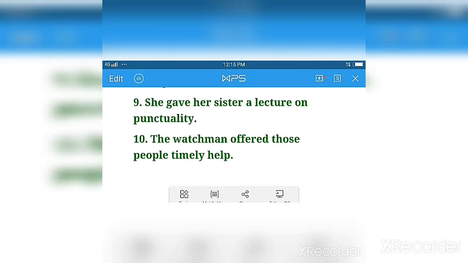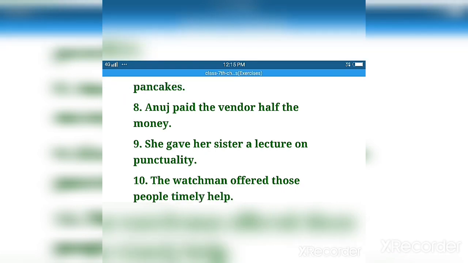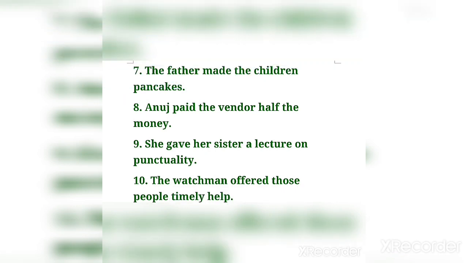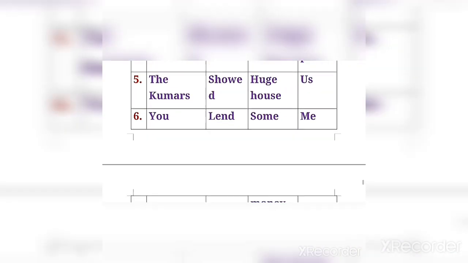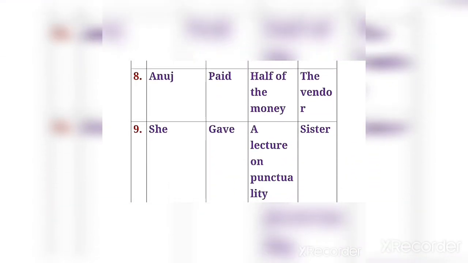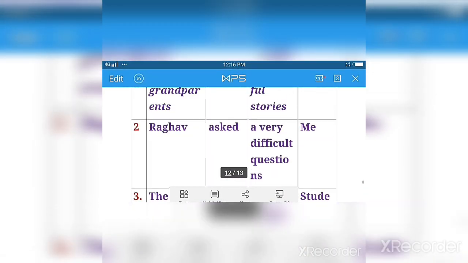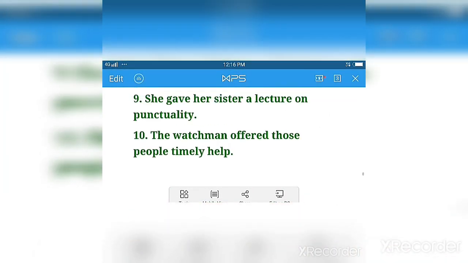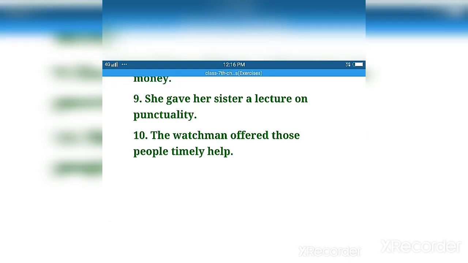Then after number 8, Anuj paid the vendor half the money. So the answer will be, Anuj is the subject, paid is the verb, half the money is the direct object, and the vendor is the indirect object. Clear? Then the 9th says, she gave her sister a lecture on punctuality.